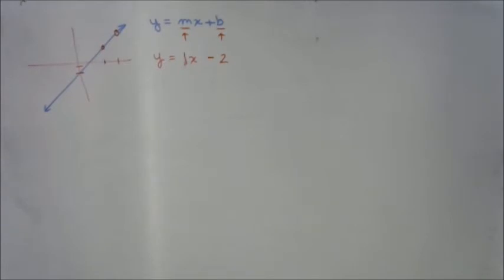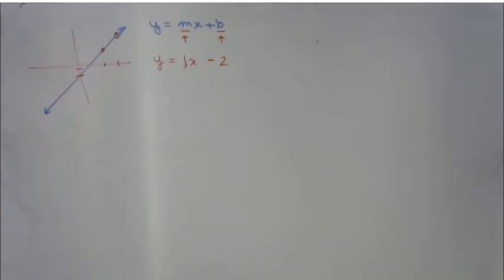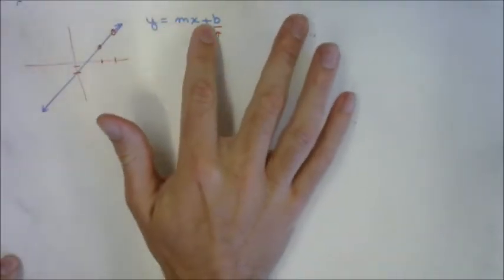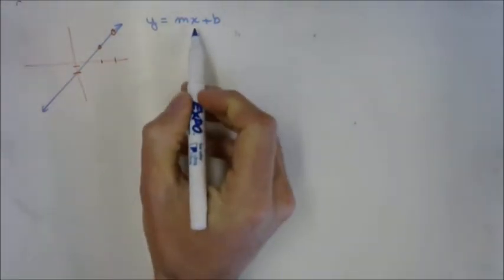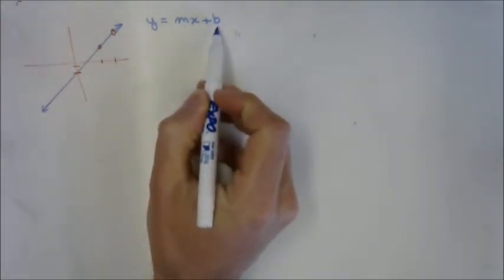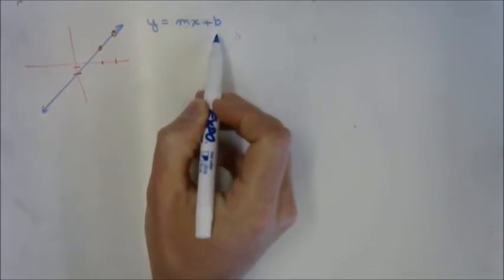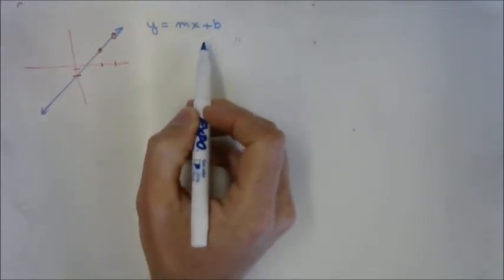We're going to take this formula for a line, y equals mx plus b. Our goal is to rearrange it, and the question says, the equation of a line relates y to x, m, and b. 4 variables in one equation.